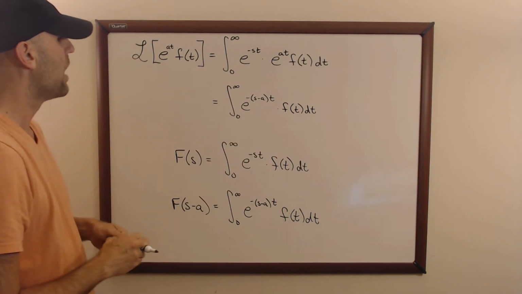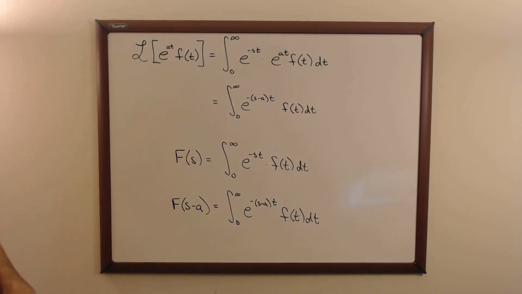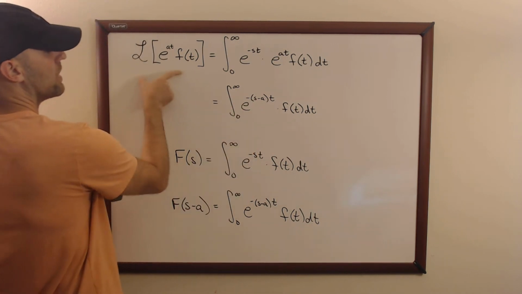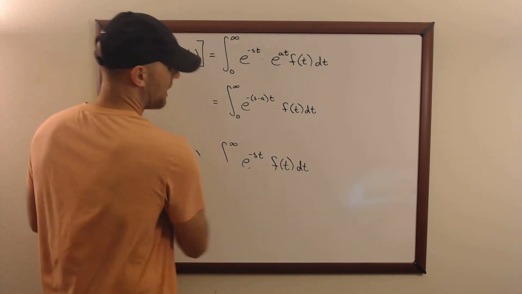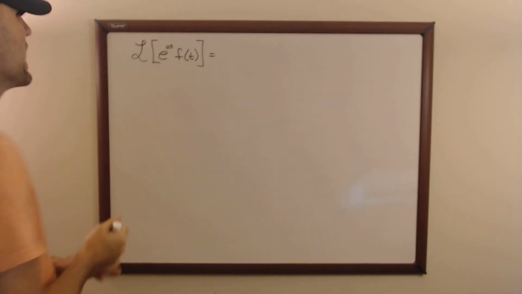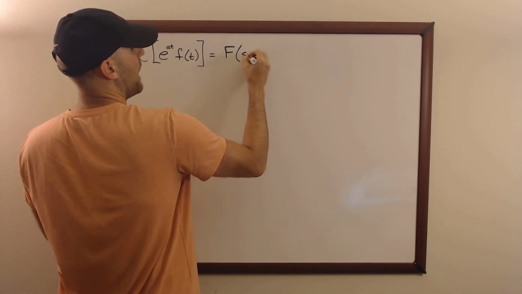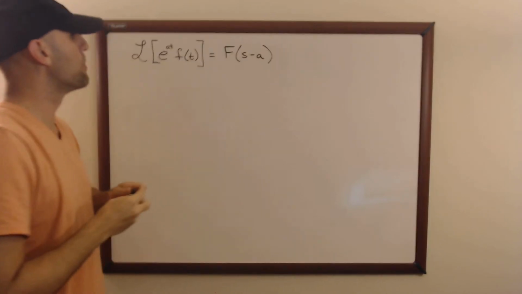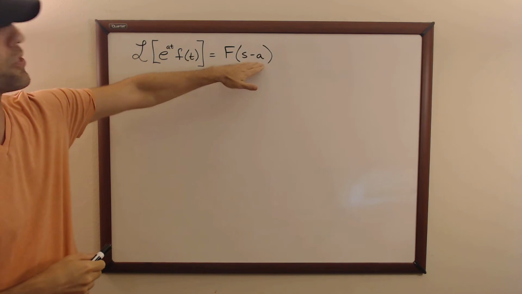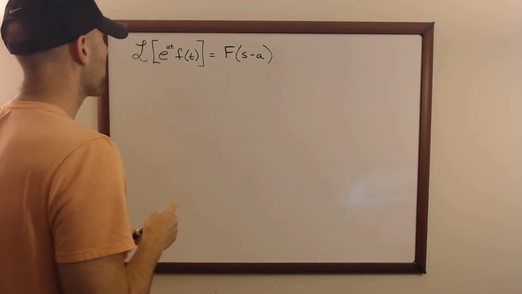So drawing that this is equivalent to this, and hence equivalent here, what we get is that if you would like to take the Laplace transform of an exponential function multiplied times another function, what you get is just the Laplace transform of f shifted to the right a units. That's why it's called the first shifting theorem. We've shifted this to the right, okay?